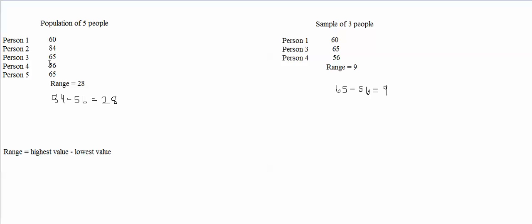The reason the population has more dispersion is because it includes 84, which is a pretty extreme value that's far away from the other values. Since the sample doesn't include 84, it has less dispersion. So since the sample has less dispersion than the population, it ended up with a lower range.